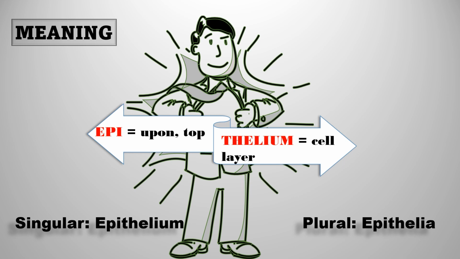The word epithelium comes from the Greek, two portions: a prefix called epi, that means upon or top, and thelium, which has different meanings, like papilla or nipple, but here we are talking about a cell layer.